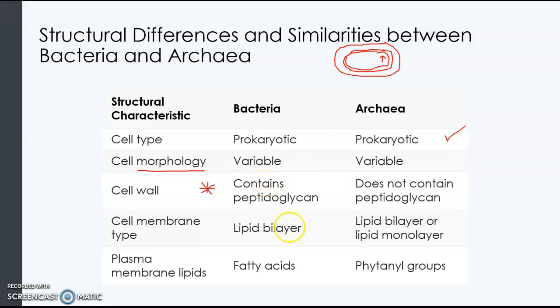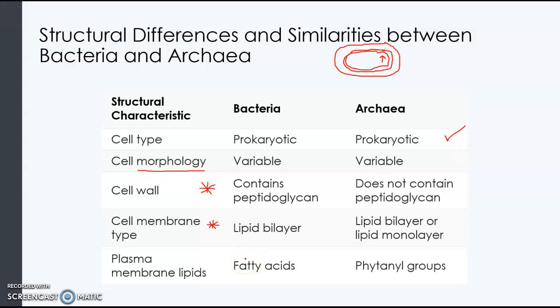And we know the plasma membrane in eukaryotic cells, like human cells, is a lipid bilayer. It is also a lipid bilayer in bacteria, but in Archaea, it can either be a lipid bilayer or it can be a monolayer where the bilayers have fused.